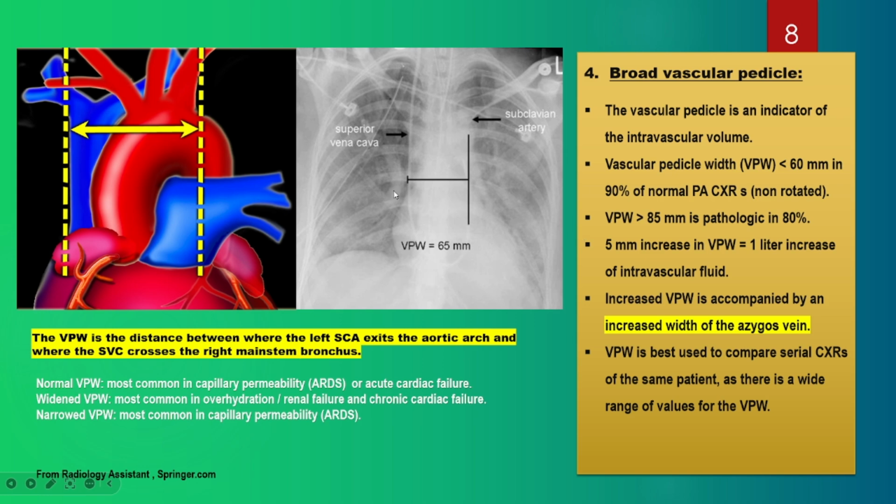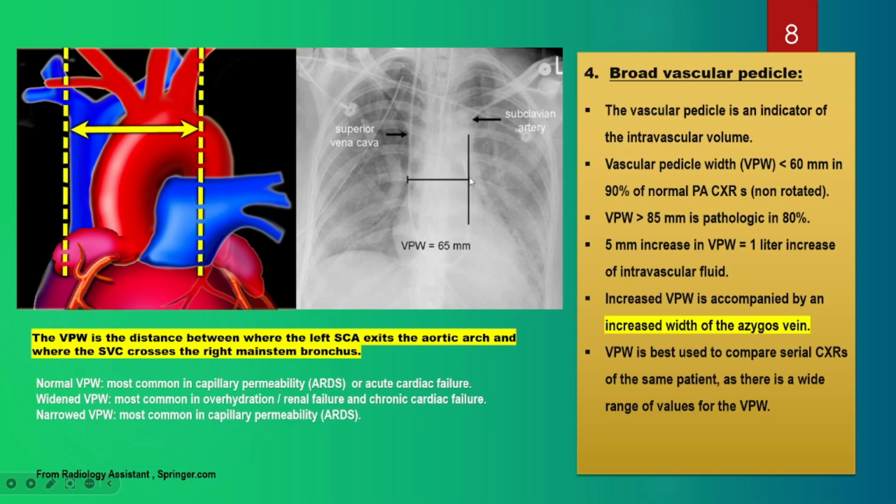So how to measure this? It is measured from the right side margin of the SVC to the left side margin of the left subclavian artery. The SVC is measured as it crosses the right main bronchus. So that is the right side margin.